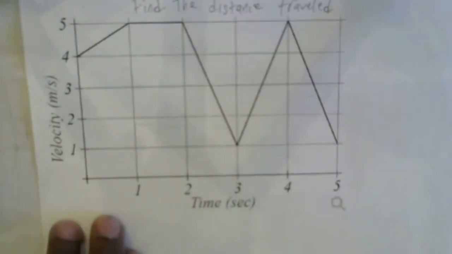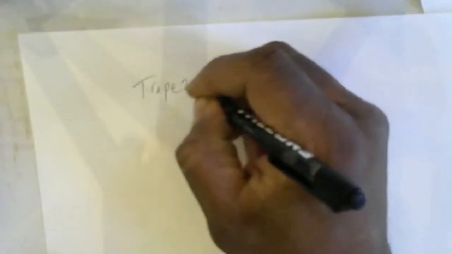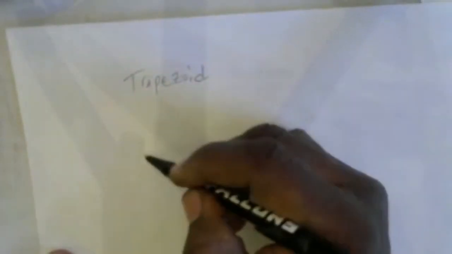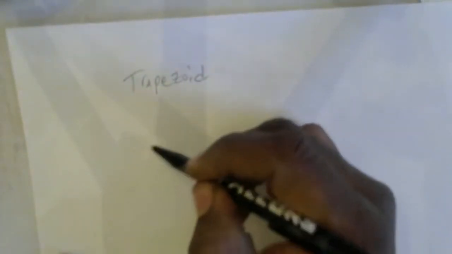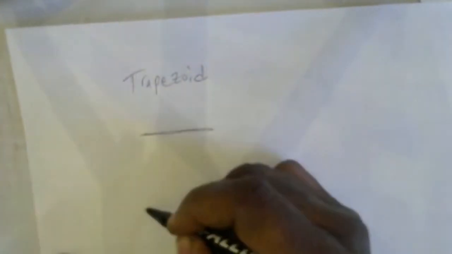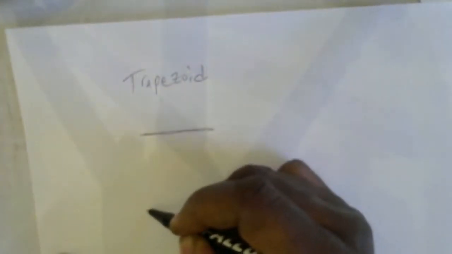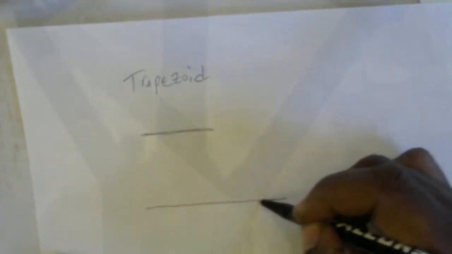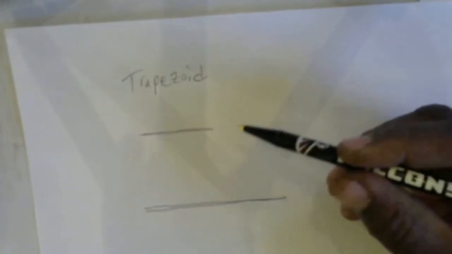So let me explain a trapezoid. A trapezoid is a 4-sided figure. 2 of the sides are parallel. These 2 parallel sides are called the bases. Remember that from geometry, 2 lines are parallel if they never touch.